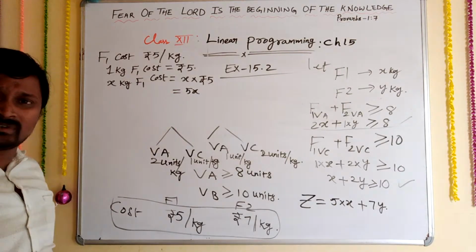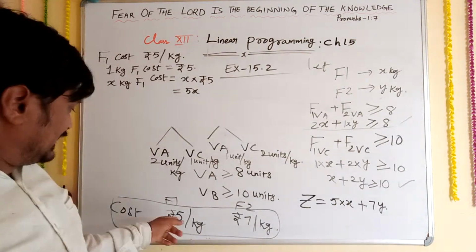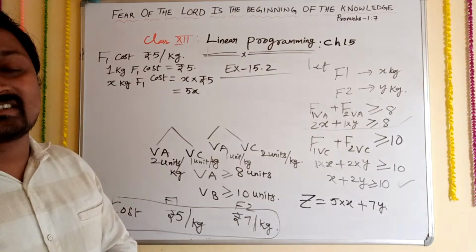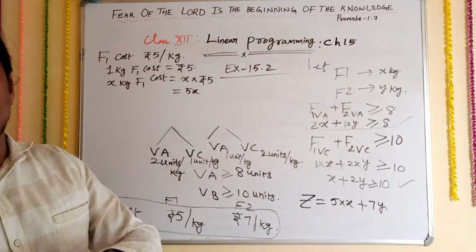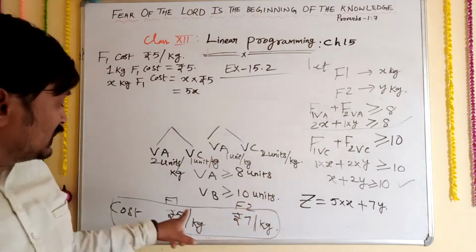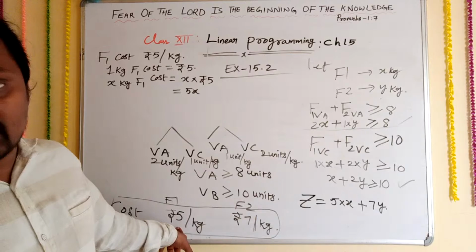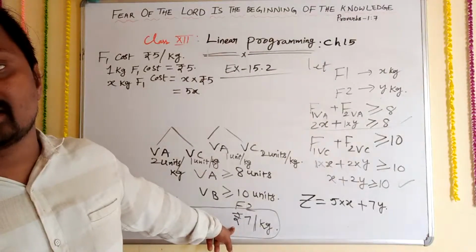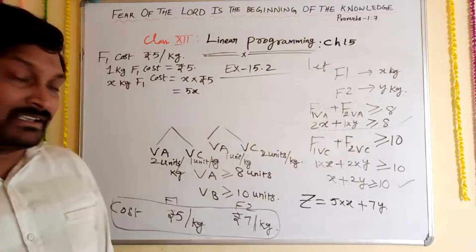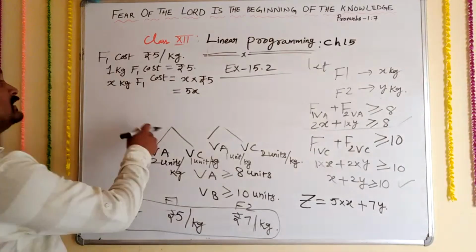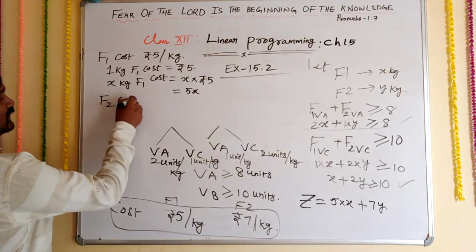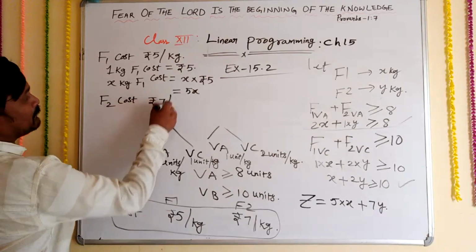But in the question it was given as 5 rupees per kg. If any mistake is there in your questions, kindly correct it. So it is rupees 5 per kg and rupees 7 per kg; in your question it is given as rupees 5 and rupees 7. Okay. So now, same method we'll write for food 2. They gave food 2 cost as rupees 7 per kg.